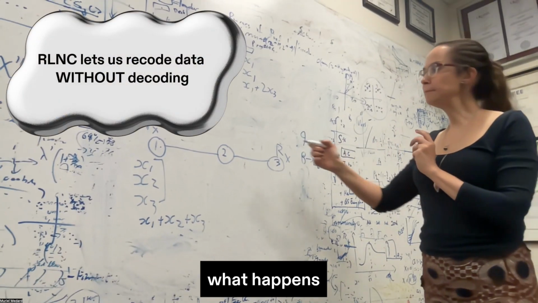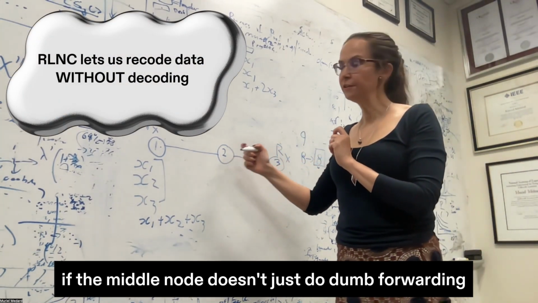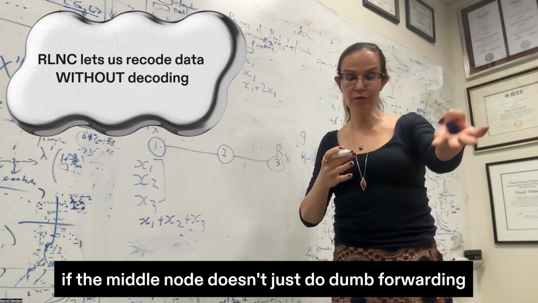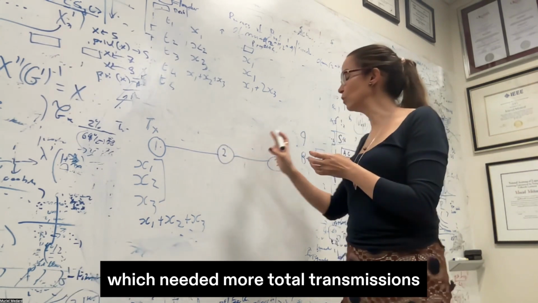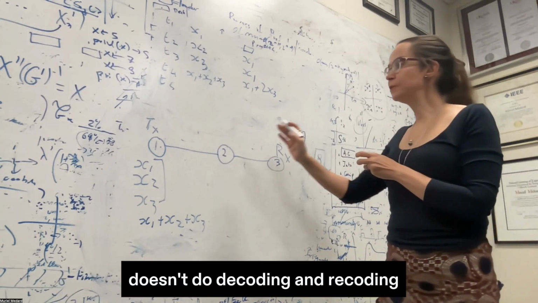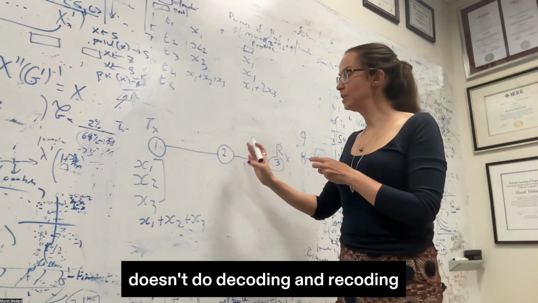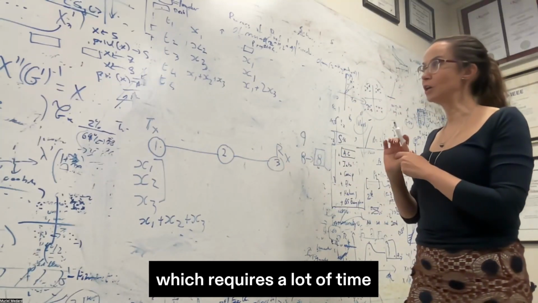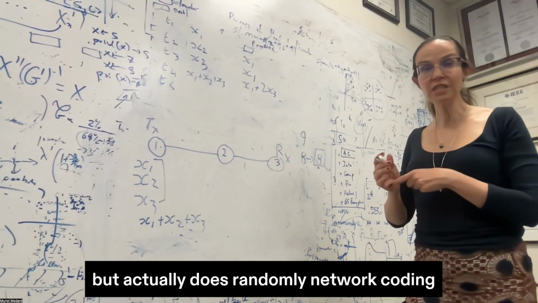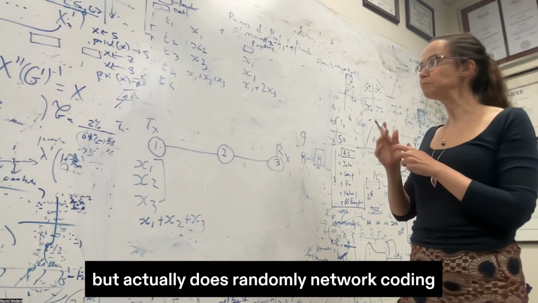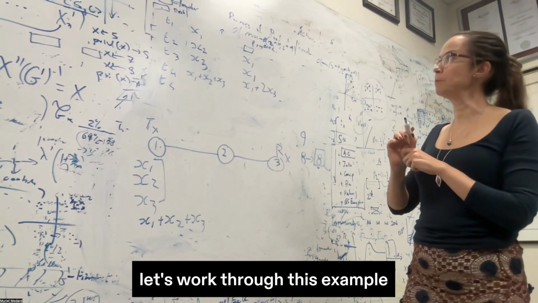Now, what happens if the middle node doesn't just do dumb forwarding, which needed more total transmissions, doesn't do decoding and recoding, which requires a lot of time, but actually does random network coding? Let's work through this example.